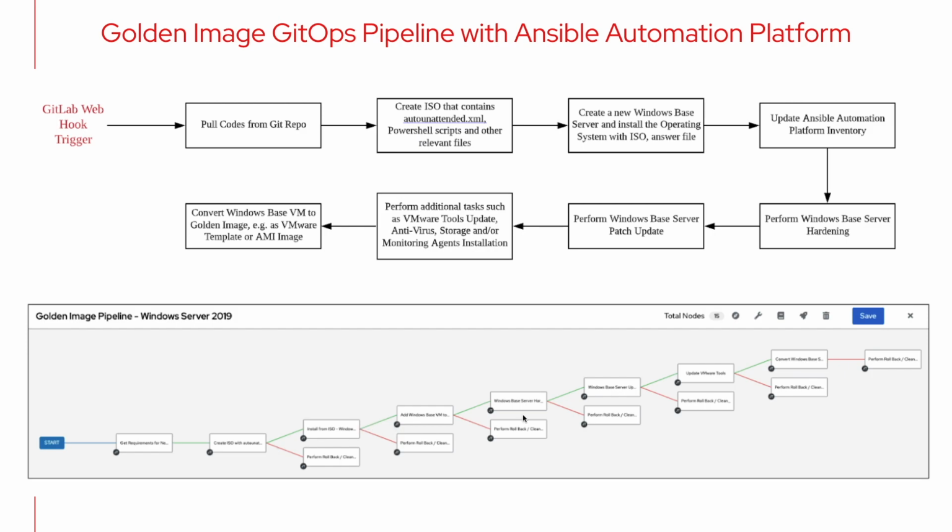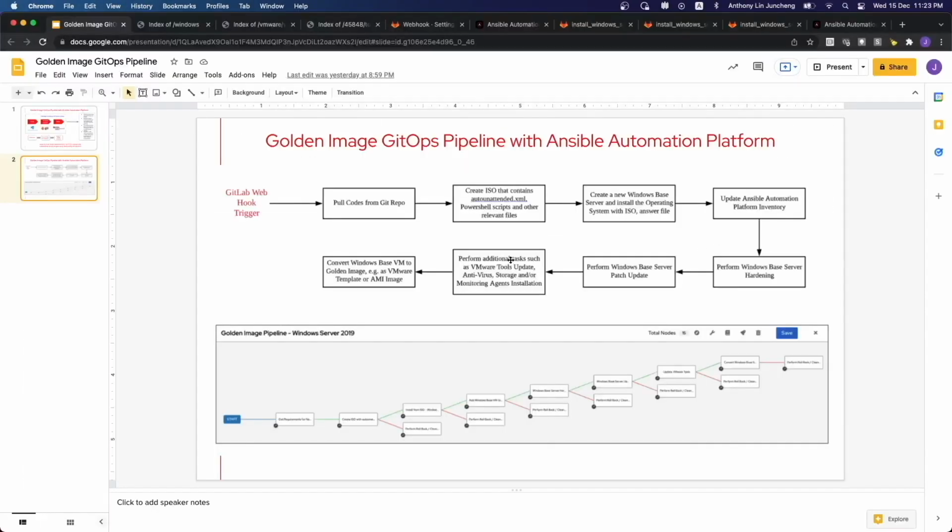This allows us to orchestrate the whole flow, and it's better than just having a straight-through pipeline because we can control the alternate path and the actions to be performed. So we will look at the demo next.